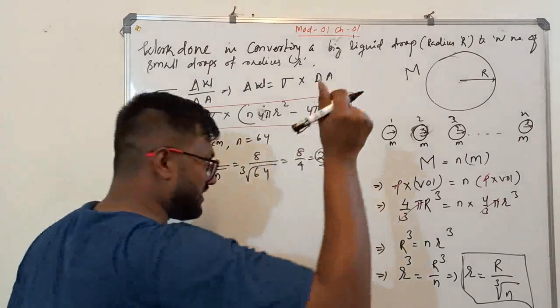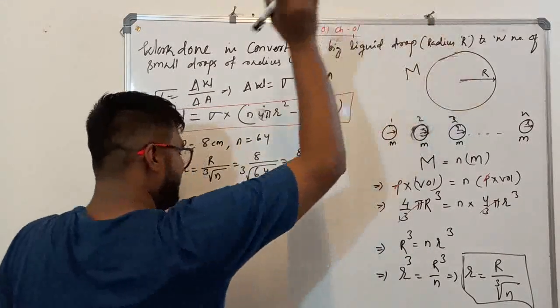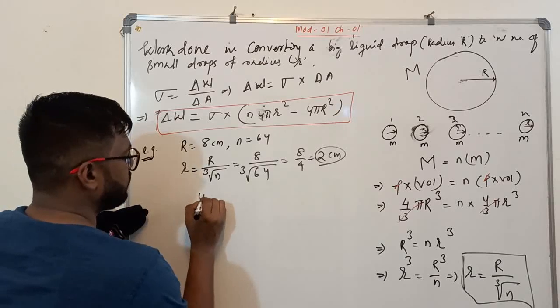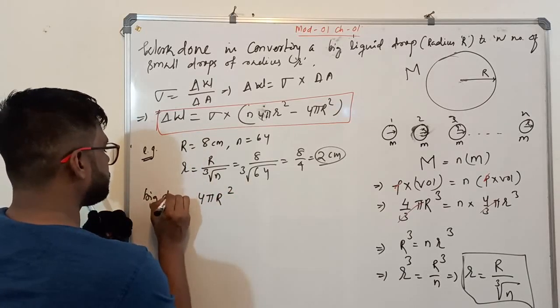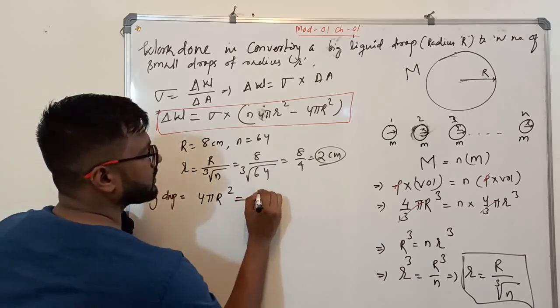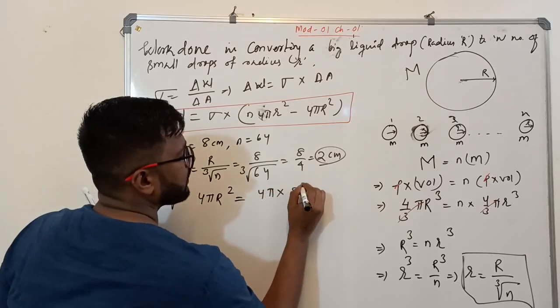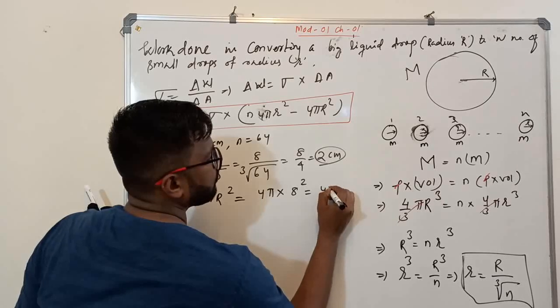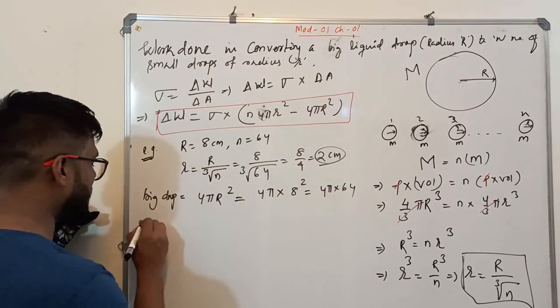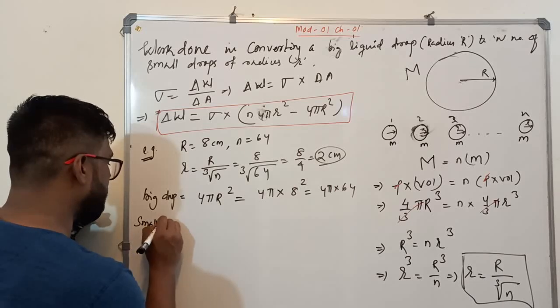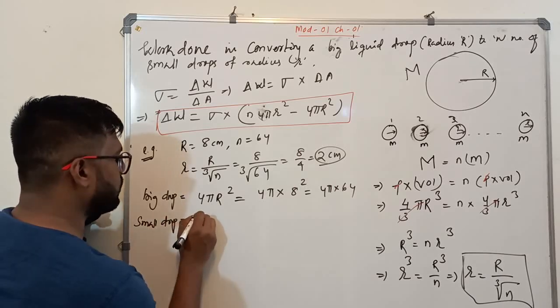Now see the interesting thing. Calculate the area of the first droplet, the big drop. Total area 4 pi R square, that is 4 pi into 8 square, that is 4 pi into 64. Correct? Now see the small drops' area, the cumulative area of all the small drops. How much?